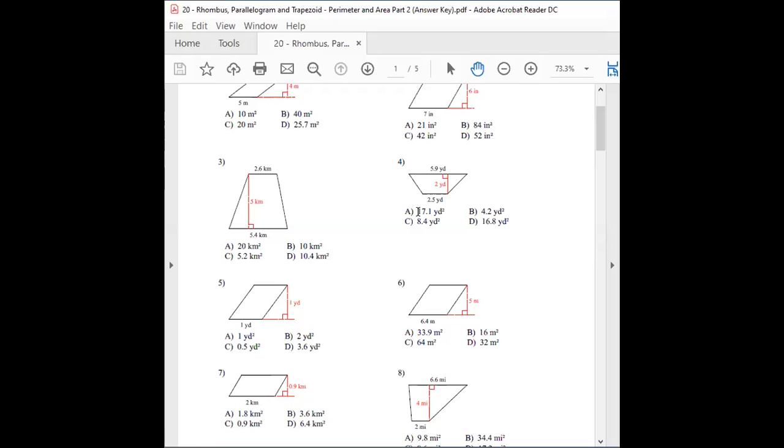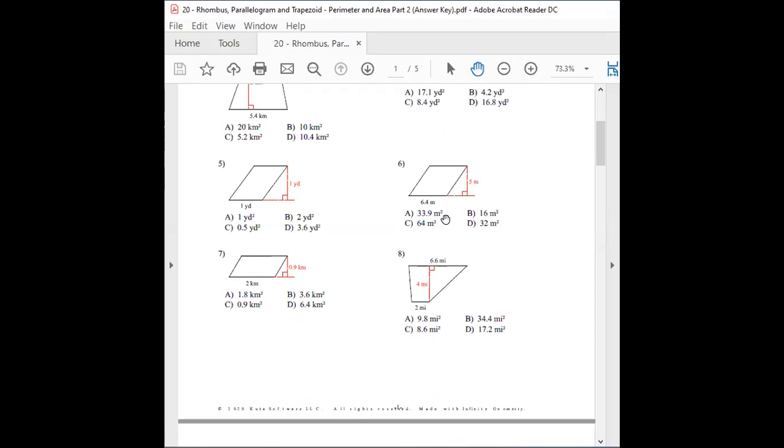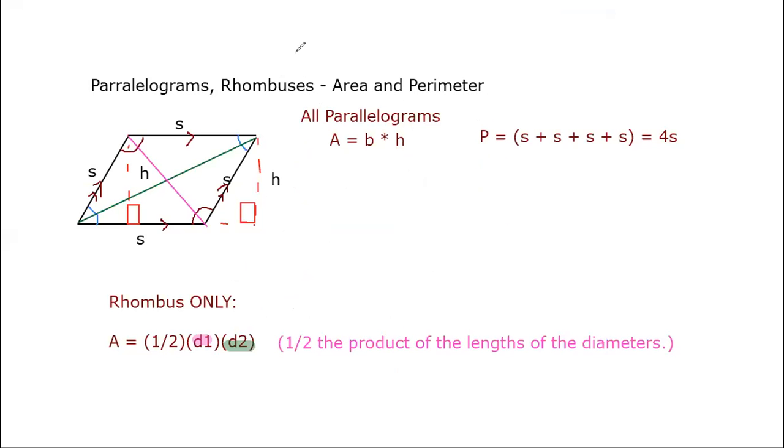Now, what if you wanted to find the perimeter of a trapezoid? That's a little different. Finding the area is no more than putting it into the formula, but the perimeter is a tad bit different. So we're going to do a trapezoid.